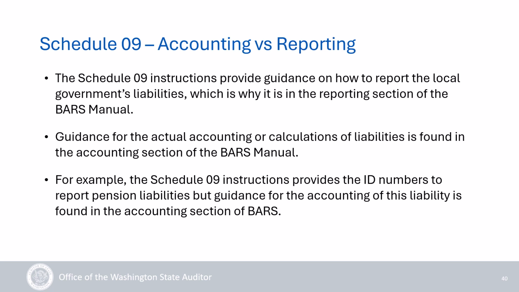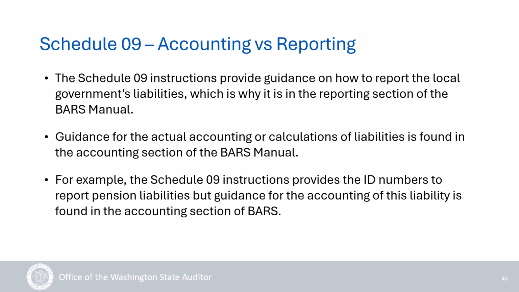The Schedule 09 is a really good example of how items are split in the BARS manual. The instructions provide guidance on how to report the local government's liabilities on the Schedule 09 for the annual report, which is why it's in the reporting section of the BARS manual. But the actual accounting or calculation of liabilities is found in the accounting section of the BARS manual.